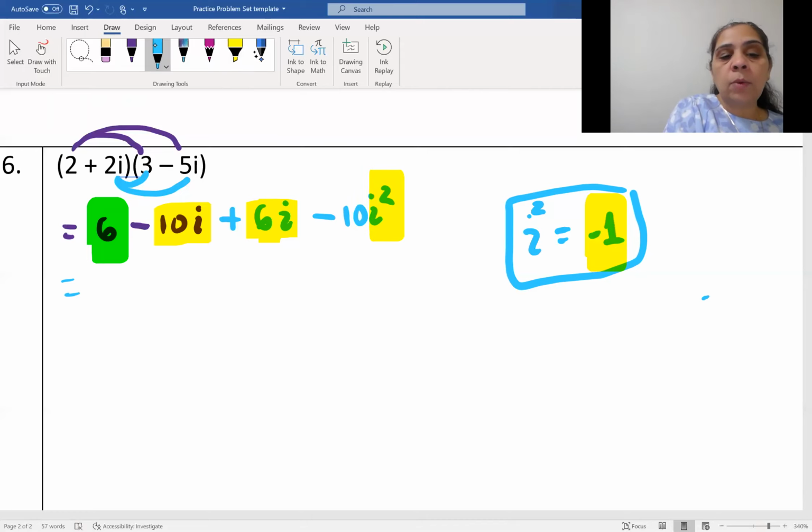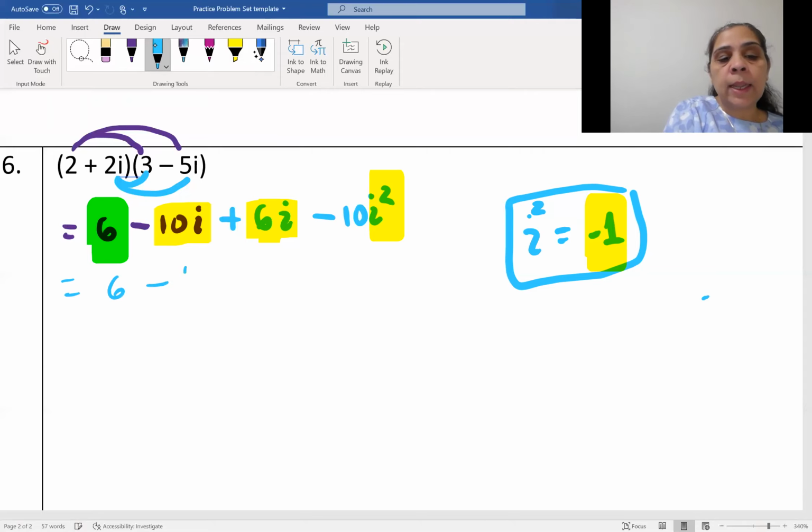Negative 10i plus 6i is negative 4i, and negative 10 times i squared, which is negative 1, gives plus 10. So 6 plus 10 is 16 minus 4i.